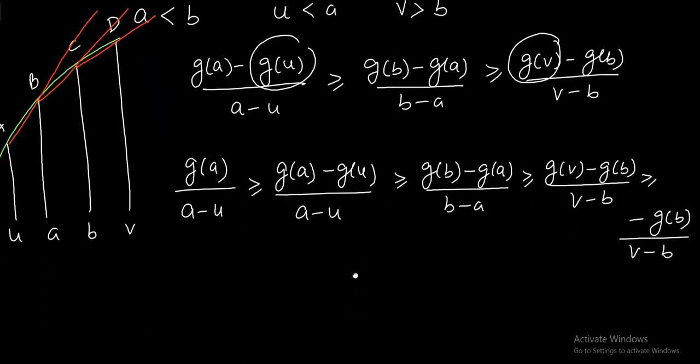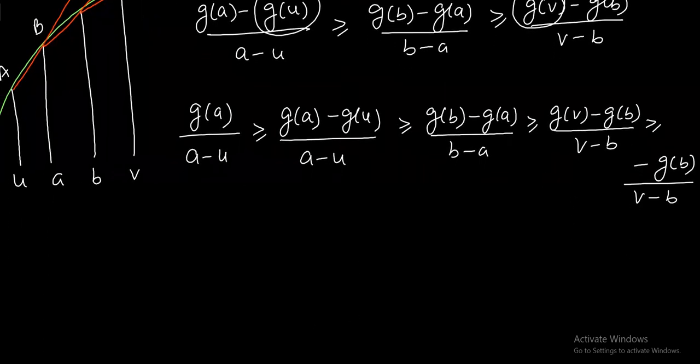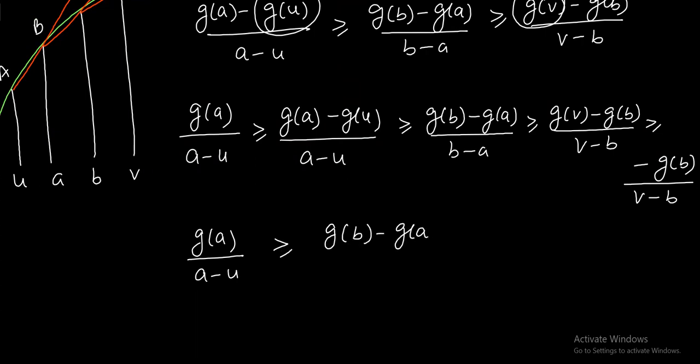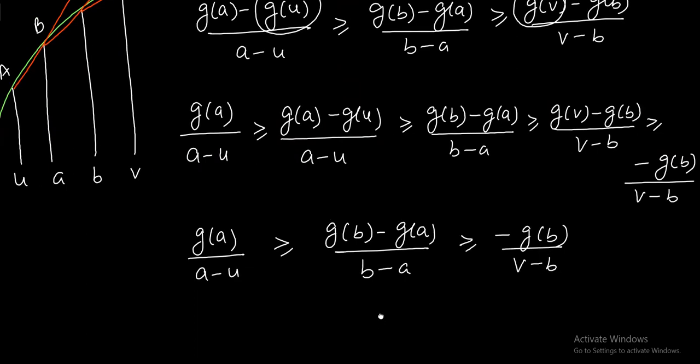Further, now I'm writing it as g of a upon a minus u is greater than or equal to g of b minus g of a upon b minus a is greater than or equal to minus g of b upon v minus b. So I just compared their slopes and have written it like this.